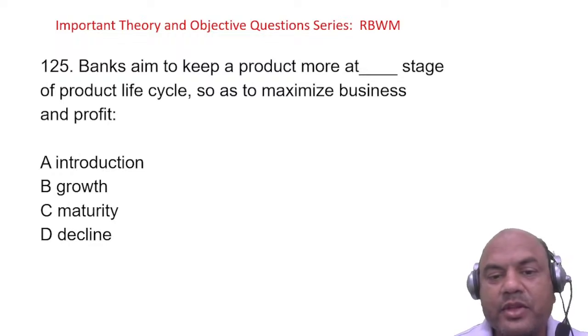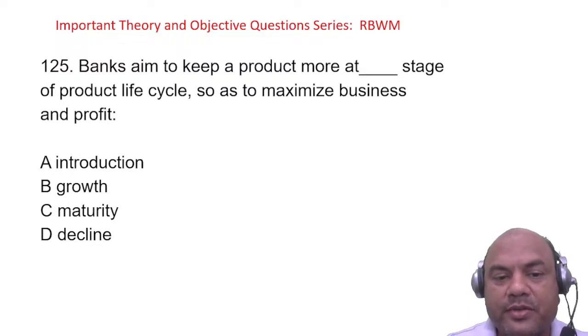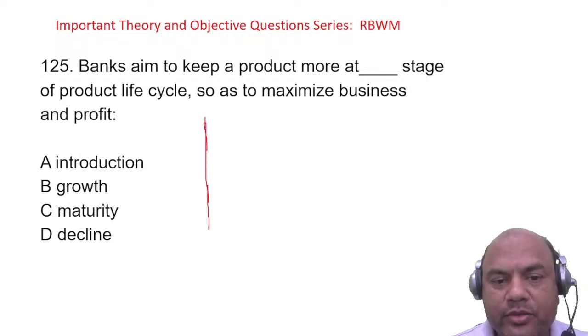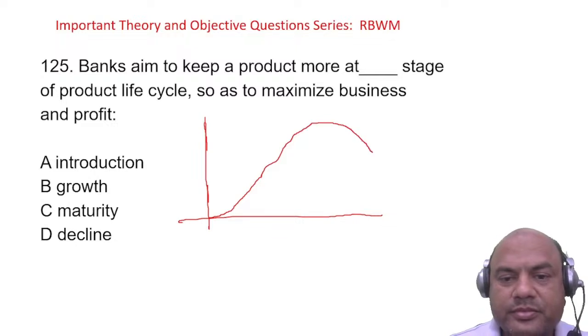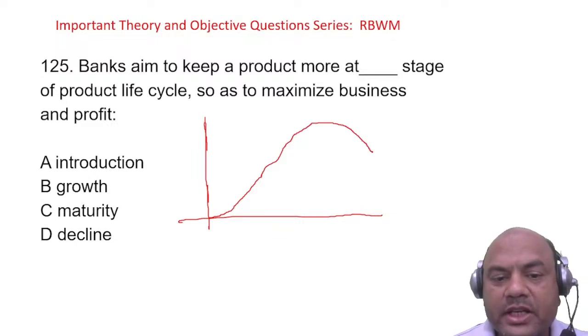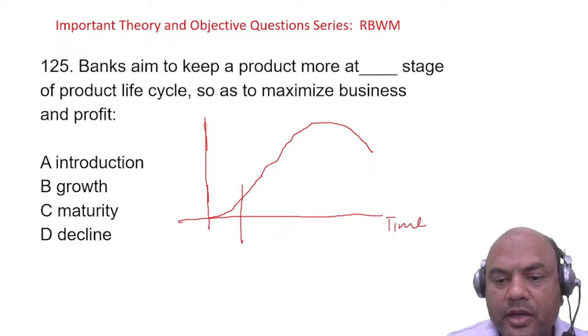I'll give you the simple logic of the PLC, product life cycle. Look at this, this is basically your graph, and the product life cycle moves like this. This is against time, and this is sales.